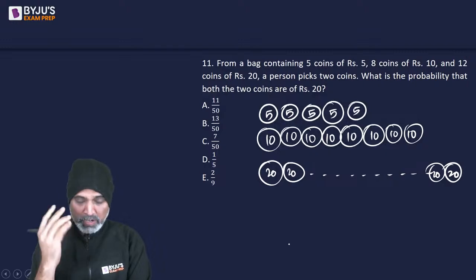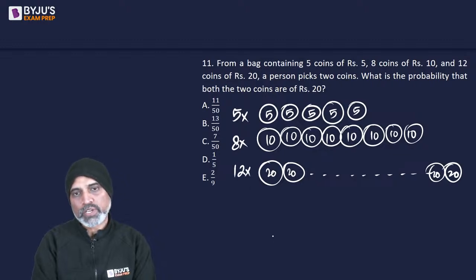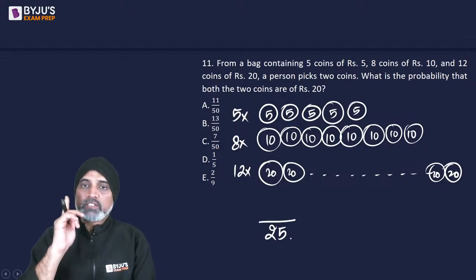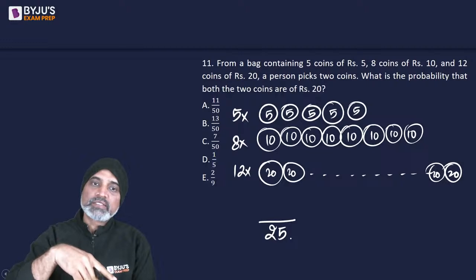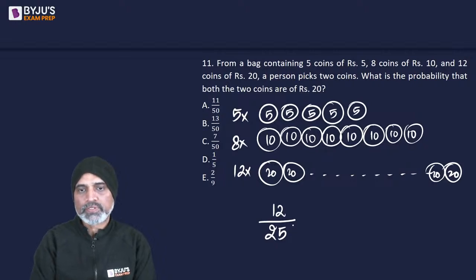So when we pick the first coin, we have got 5 coins and then we have got 8 coins and then we have got 12 coins. So looking at this, can we say we have a total of 25 coins? In 25 coins, the probability that the first coin is 20 rupees is going to be 12 upon 25.